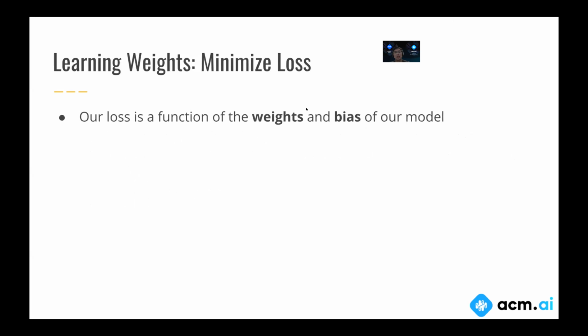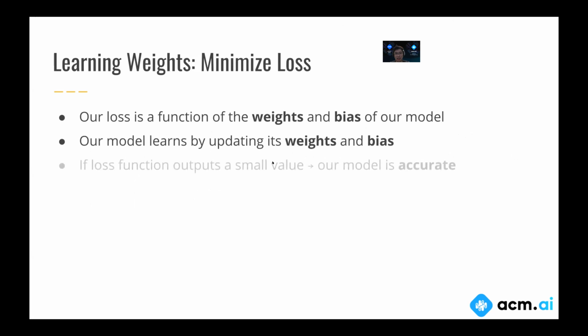Like I just mentioned, our loss is a function of all the weights and biases of your model. So when our machine learning model learns, what goes on under the hood is that it is updating its weights and biases. If the loss function outputs a really small value, then our model is considered to be accurate.